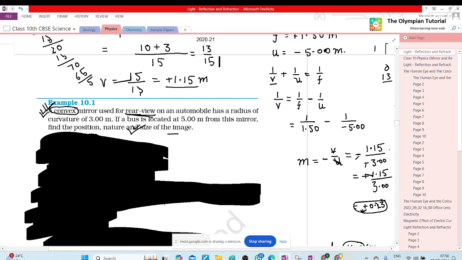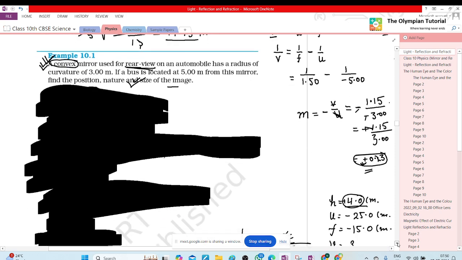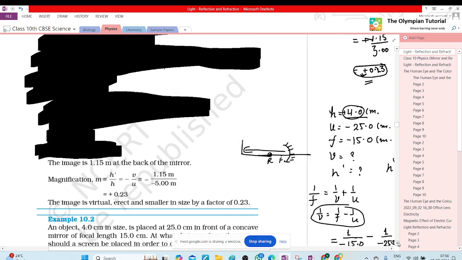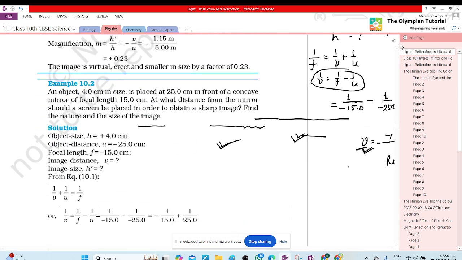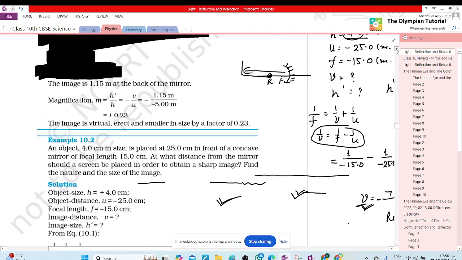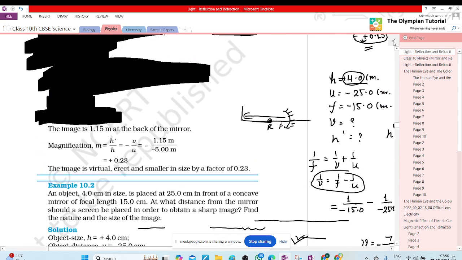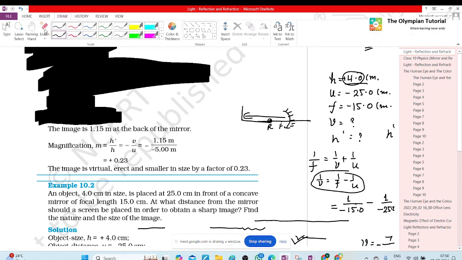Yes, yes, because in convex mirror it will be diminished, but in concave mirror it will be magnified. Now try this one. Example 10.2.